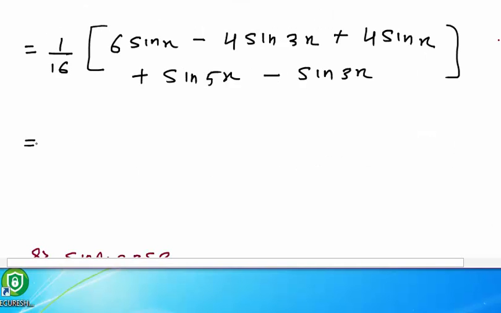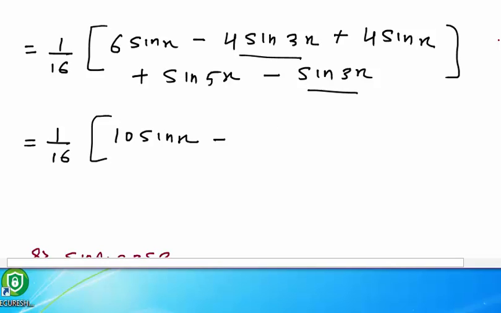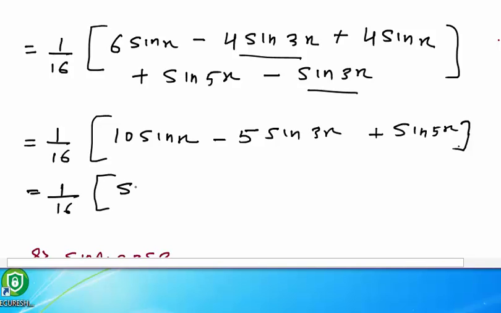This equals 1 upon 16, 6 sin x and 4 sin x. If we club that, we get 10 times sin x. Now this sin 3x and this 4 sin 3x give minus 5 sin 3x, and lastly I have sin 5x. So sin power 5x is equal to 1 upon 16, sin 5x minus 5 sin 3x plus 10 sin x.